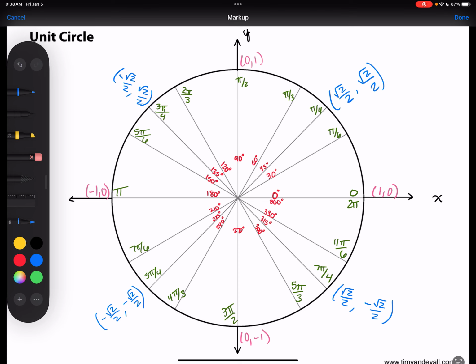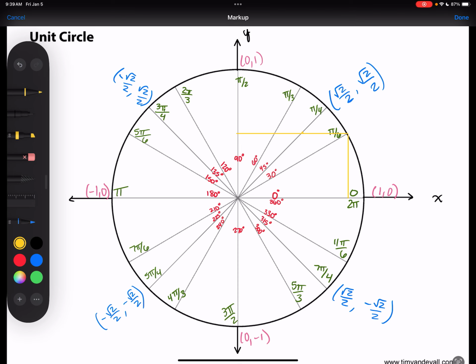I'll do pi over 6 next. So again, I'm going to draw these lines on there, but I'll erase them afterwards. So pi over 6. So this one, the x value comes down pretty far, or pretty close to 1. And then over here, this one is pretty much halfway between, or at least visually it looks like it.